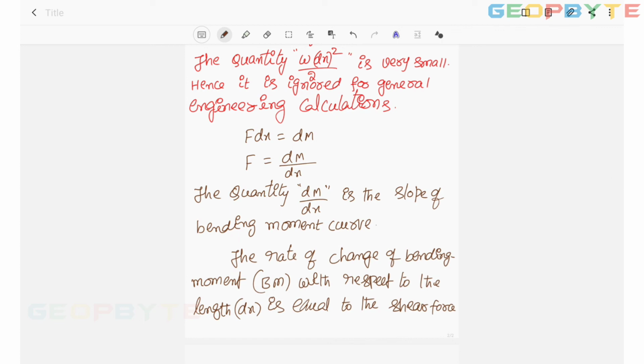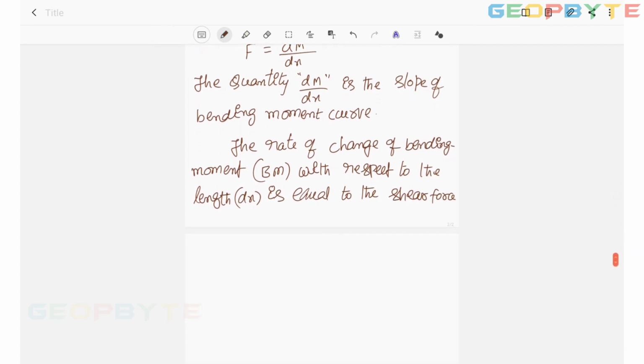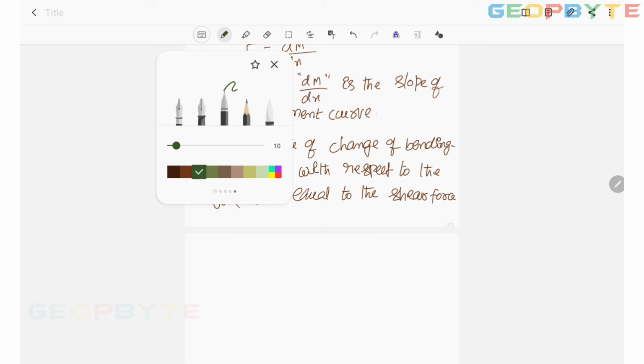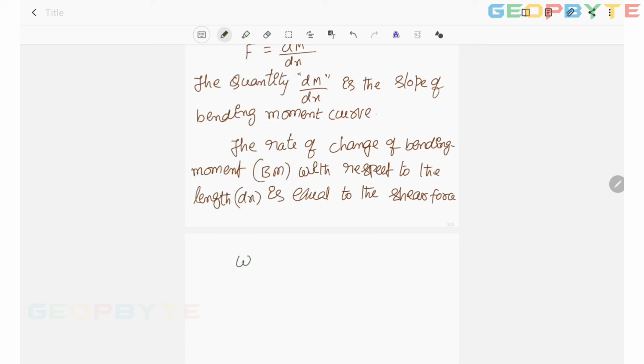The rate of change of shear force with respect to length is the intensity of loading. So these are the relations between the loads. Once again, you got different relations like W equal to intensity of load.